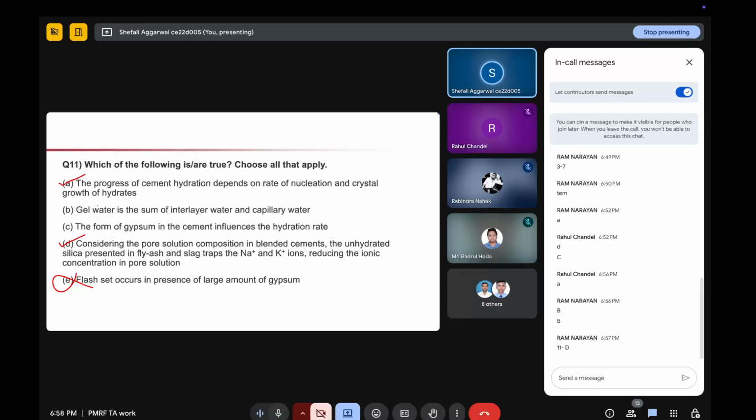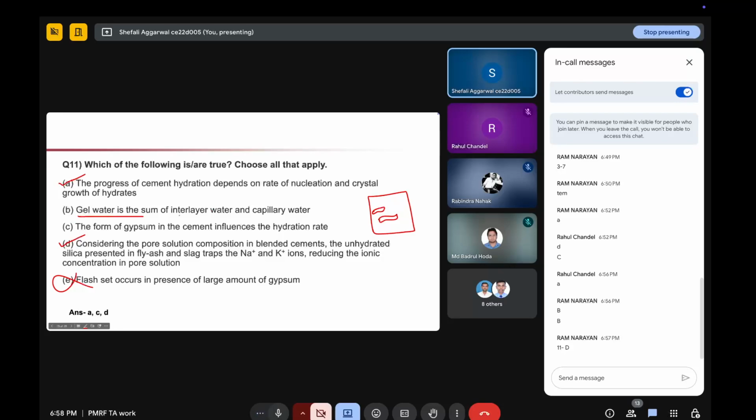Now come to the B and C options. Gel water is the sum of interlayer water and capillary water. I think next week you will read about different types of water. Then you will have the CSH, and then there is interlayer water, and you will read about it. So that is a wrong option.